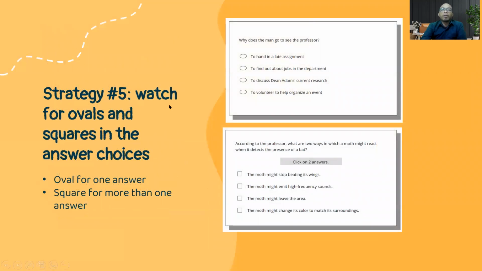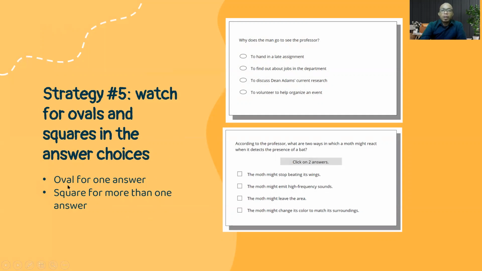Strategy number 5, watch for ovals and squares in the answer choices. This might seem simple, but many past TOEFL students make mistakes by not reading the direction. Okay, so to avoid that mistake, you can use this strategy.